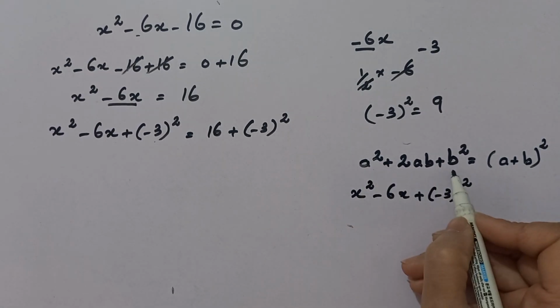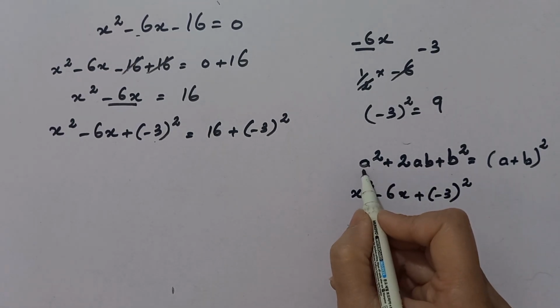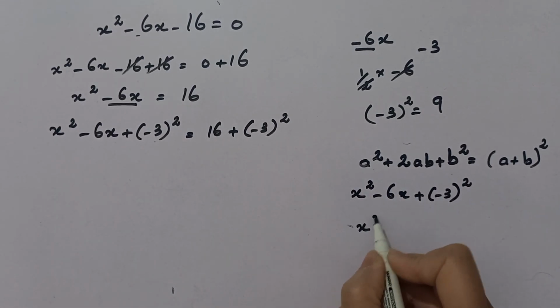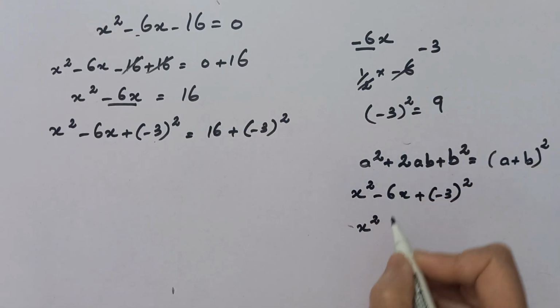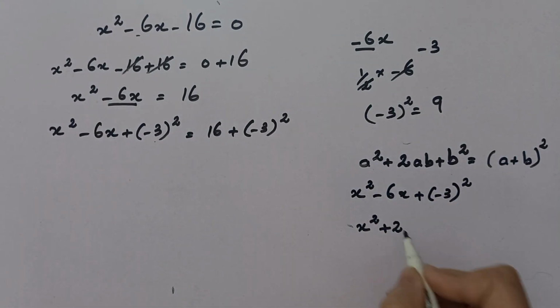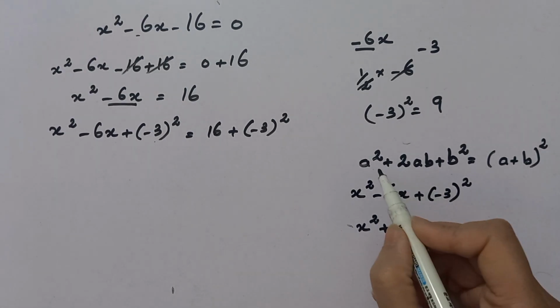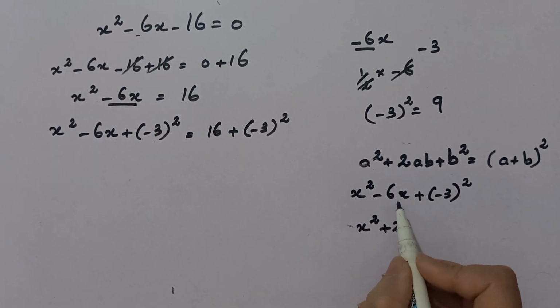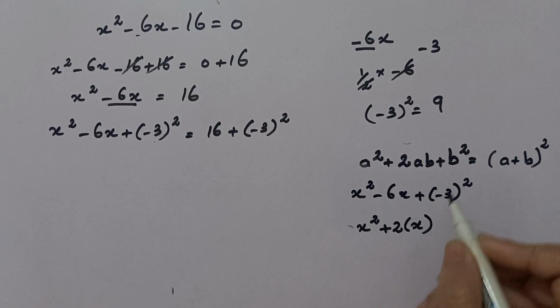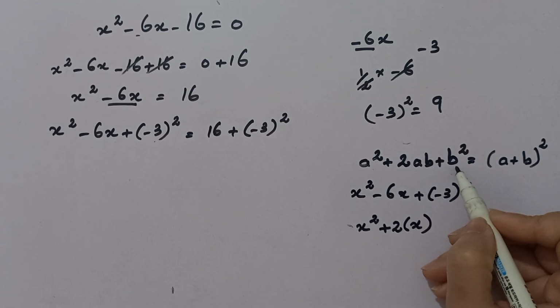So look at this expression. The first term is a square. So here the first term is also a square, x squared. Then we write plus. Then we write 2. Then we have the first term. In this expression, the first term is x. So we write x. Then we have the third term.